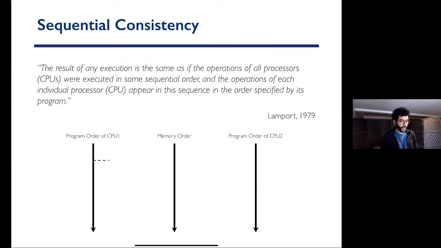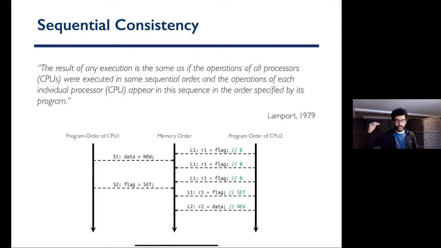For example, as long as you do data equals new and flag equals set with this order, meaning that you first do the first one and then the second one, you have sequential consistency. The same with the other one. As long as you're not reordering the instructions executing in program 2, your system provides sequential consistency, and it doesn't matter how they interleave.